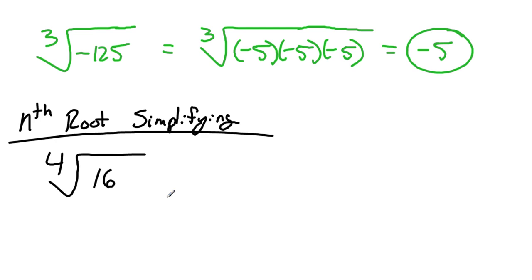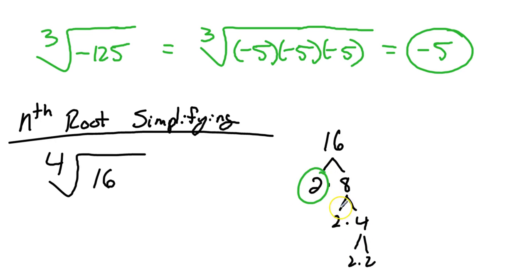So now we're looking for the same number multiplied by itself 4 different times. Whatever the root is, you're looking for that number multiplied together that many times. And it's almost one of those where you just take the 16 and break it down with the old factor trees that you did way back in 7th grade, 6th grade, 5th grade. 16 would be 2 times 8. 8 would be 2 times 4. 4 would be 2 times 2.